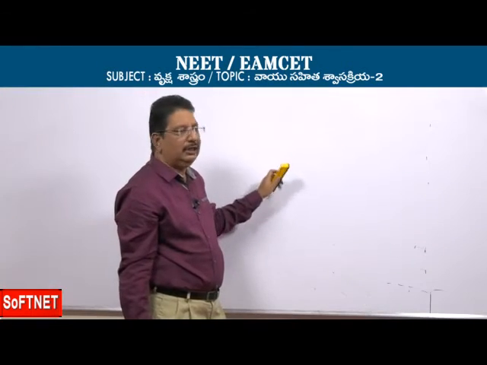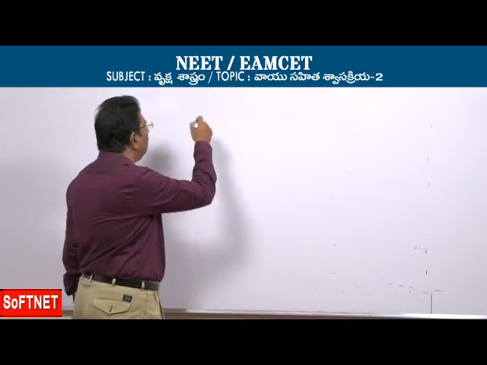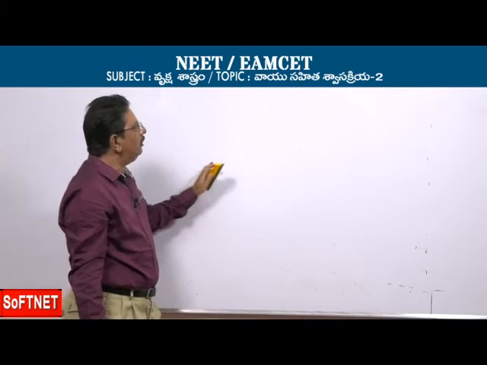Coming to the overall reaction of the TCA cycle. So, what are the reactants and what are the products?